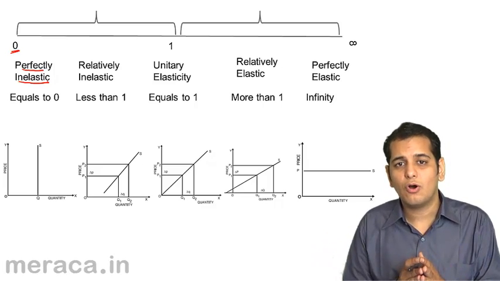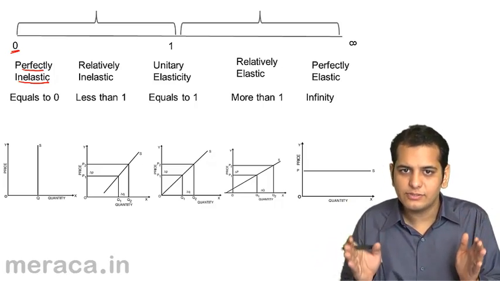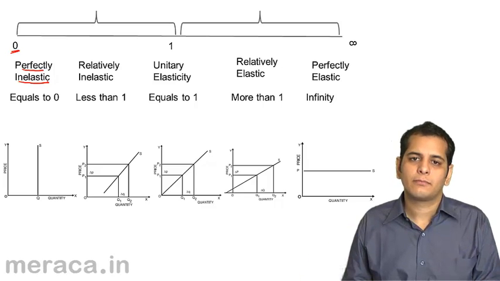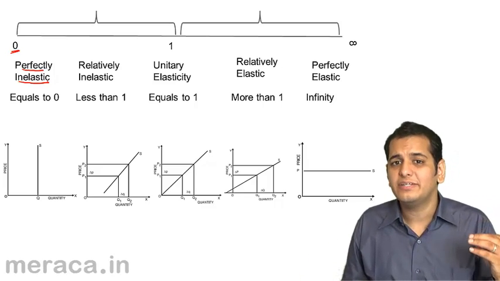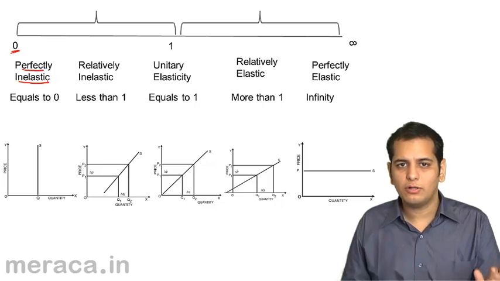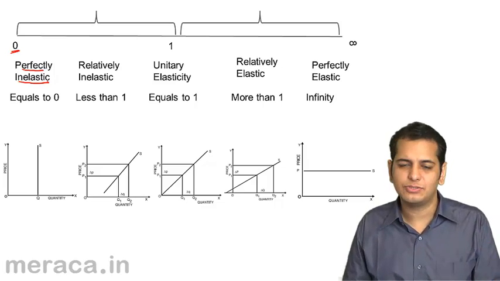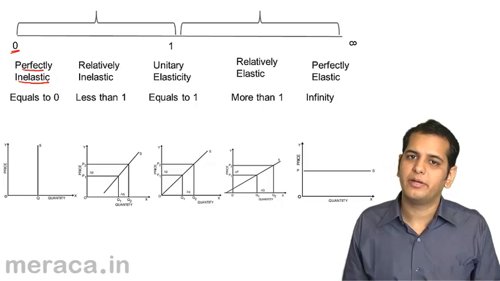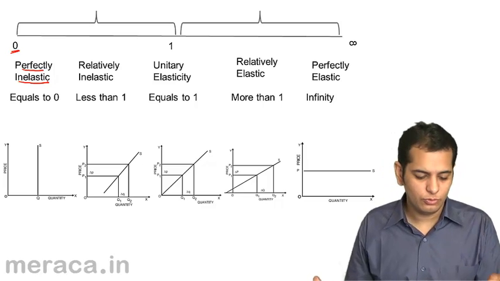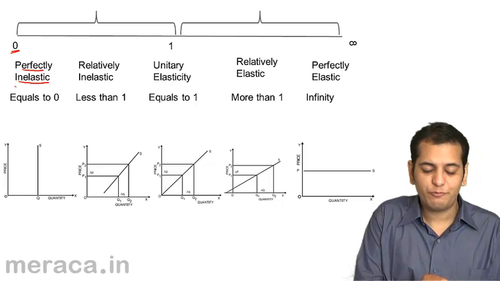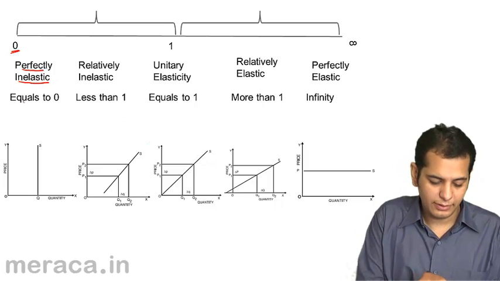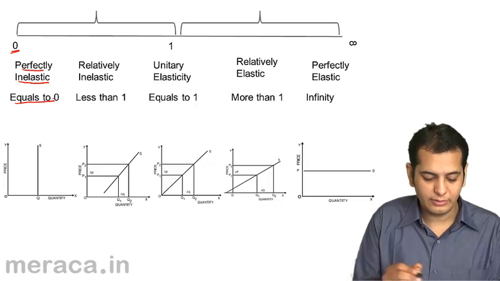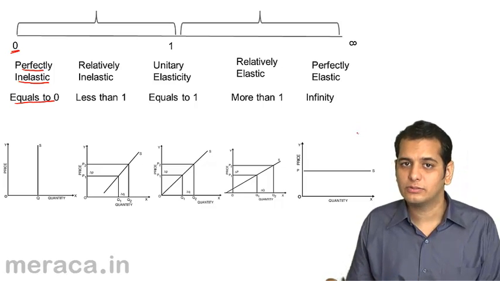It is not elastic, but constant. A change in price does not bring about any change in supply. The quantity supplied remains constant. So we call it perfectly inelastic supply when the numerical value is 0.